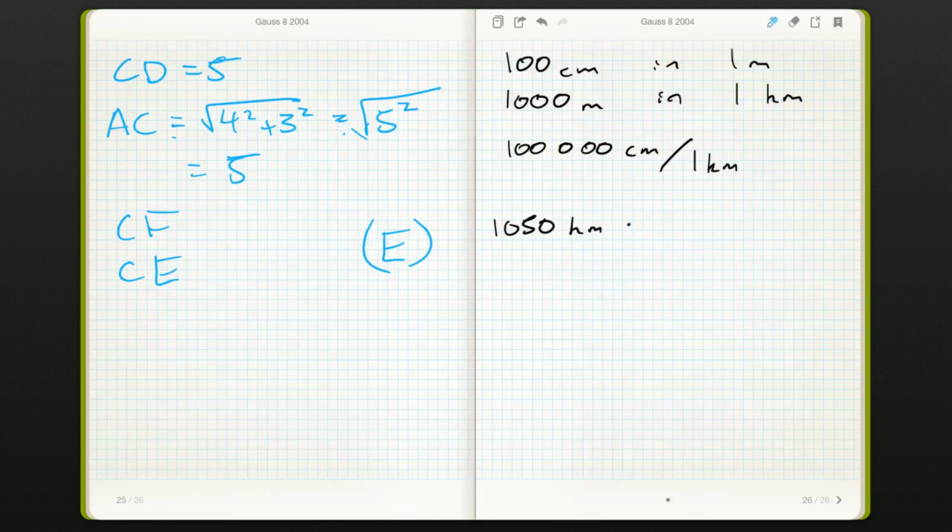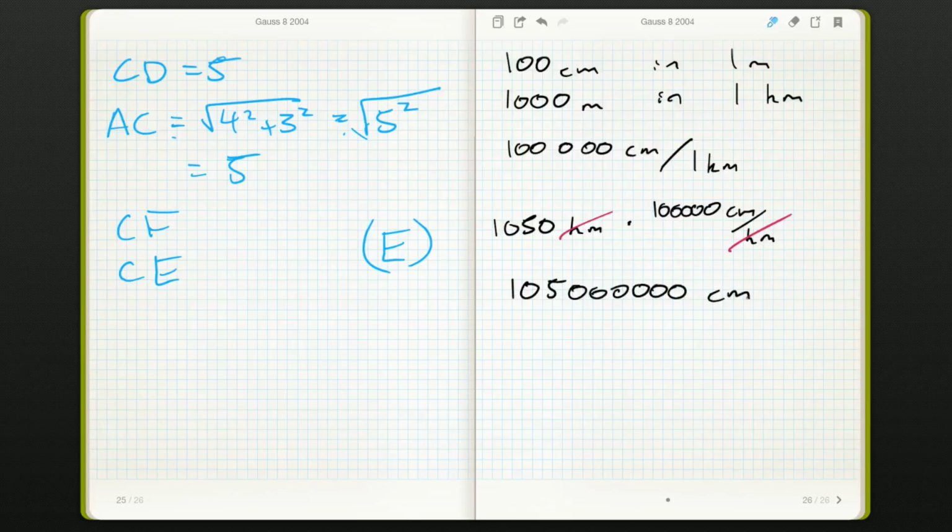So 1,050 kilometers is the same as, we just multiply by these sort of conversion numbers. We set it up, make sure that the units will cancel out, otherwise we're setting the numbers up wrong. So we get 1050 times 1 with 5 zeros behind it. So that'll give us 105 and then 6 zeros.